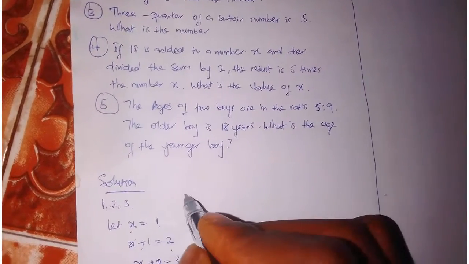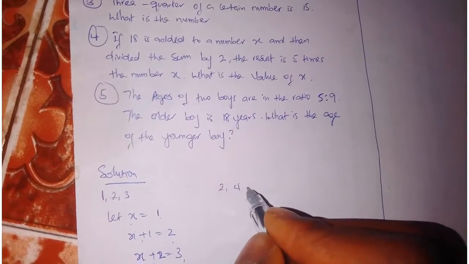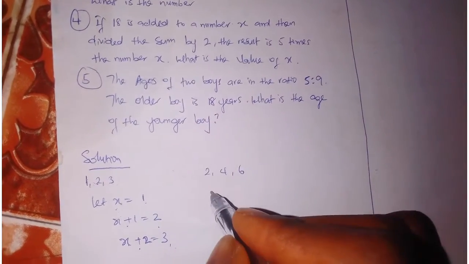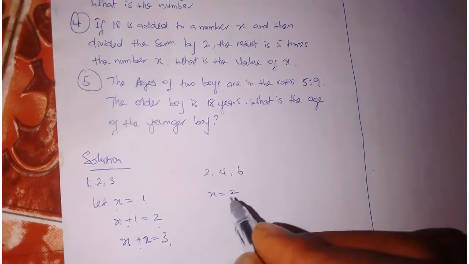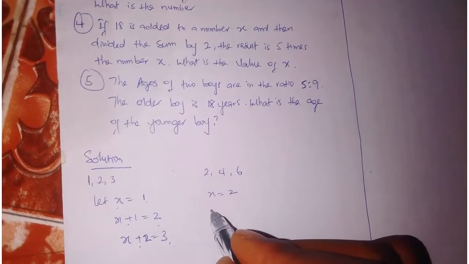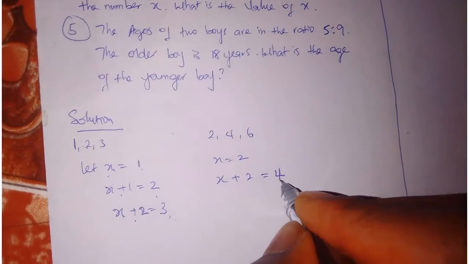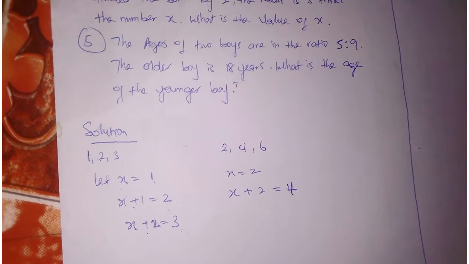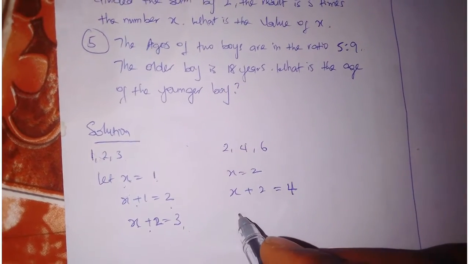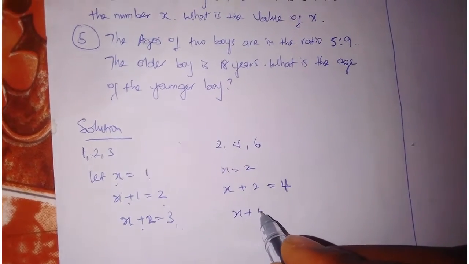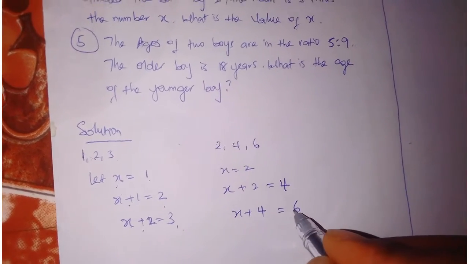Now, if it was 2, 4, 6, and my x is equal to 2, how will I get 4? X plus 2 will give me 4. In that case, x plus 4 will give me 6.